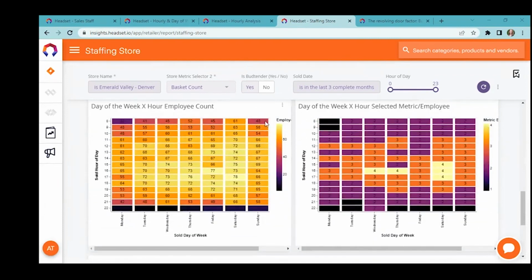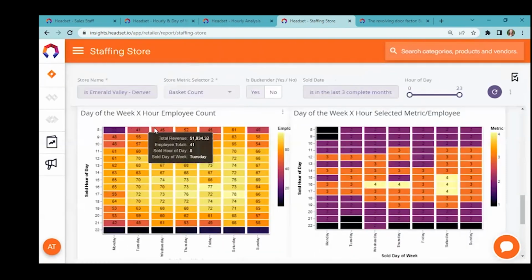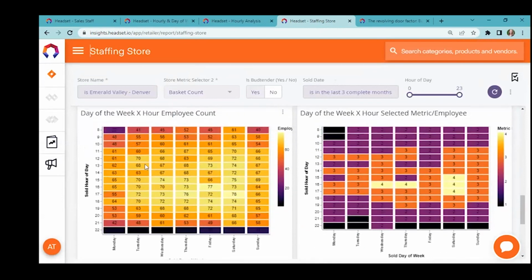Another way is looking at these 2 up here, the day of week by hour employee count and day of week by our selected metric employee. So the day of week, this one over here, I'm just going to zoom in a little bit. When we hover over any one of these, it's going to tell us the total revenue. And this is going to be over the last 3 complete months, so it's not going to be in one single day.